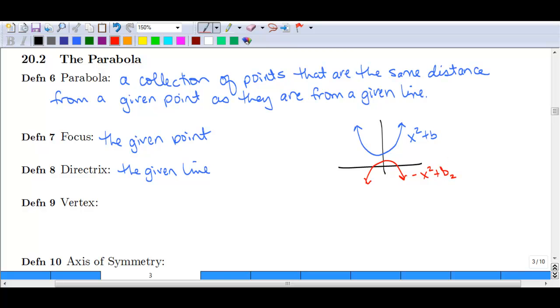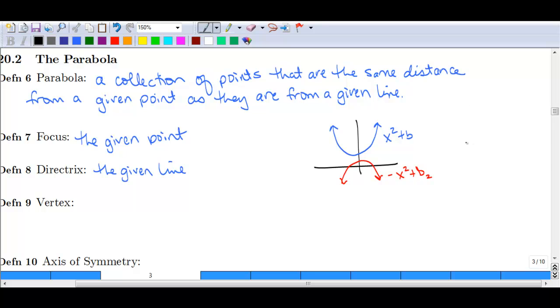But we can also think about parabolas that lie in this direction. So this might be something like y squared plus a, or similarly we could have one facing this way that would be negative y squared plus a2. And so we'll talk about how we can use the focus, directrix, vertex, and then the axis of symmetry to figure out which direction our parabola is facing.